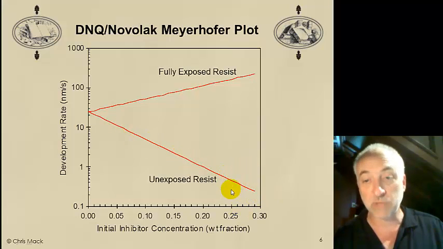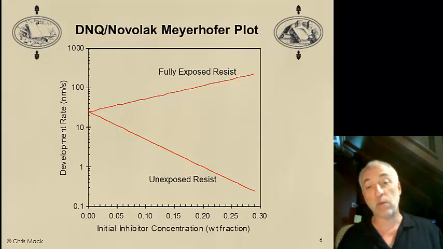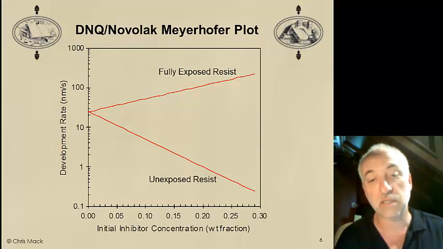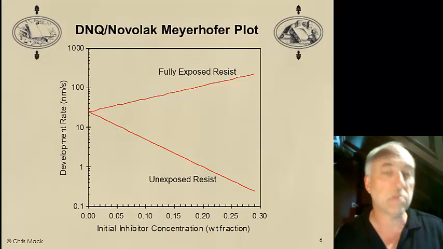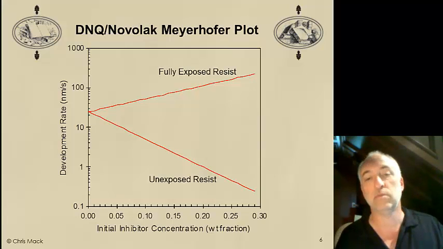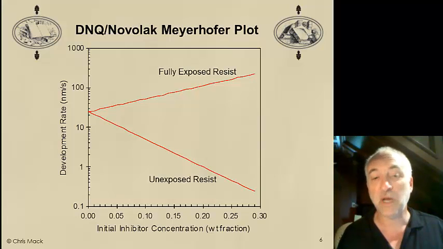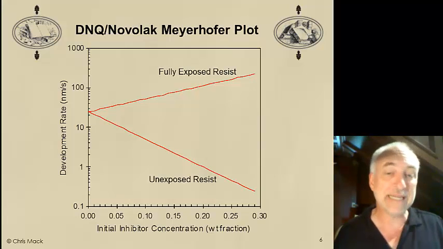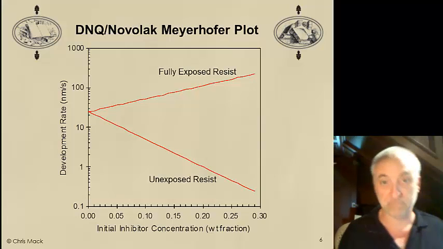If I go up to 25 or 30% by weight sensitizer mixed into the photoresist, I can make the development rate of that mixture decrease by a couple orders of magnitude. This is why we call the DNQ a dissolution inhibitor. It inhibits the dissolution of the Novolak resin.